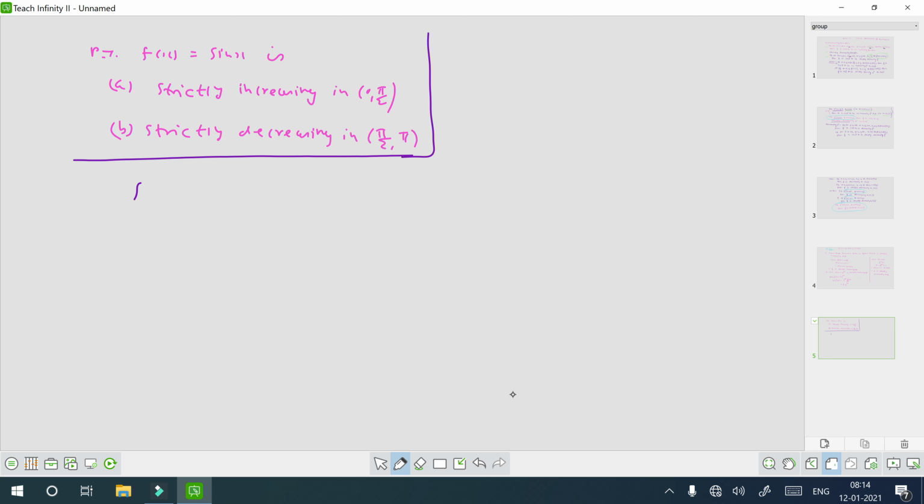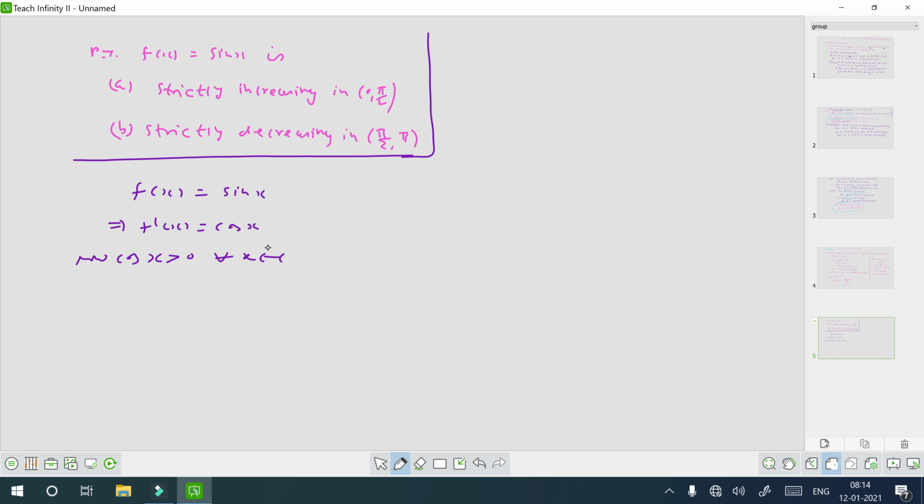Now see here, f of x is equal to sin x. This implies f dash x is equal to cos x. We know that for all x belongs to 0 to pi by 2, cos x is greater than 0.